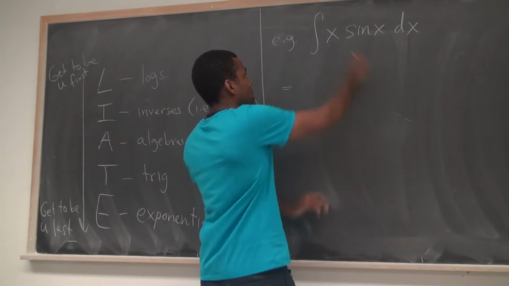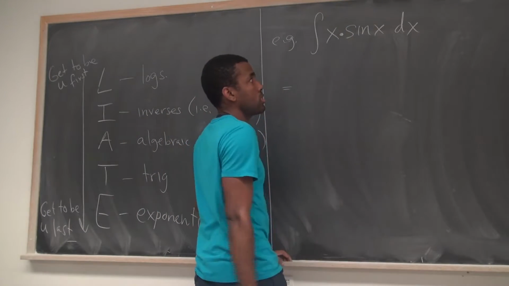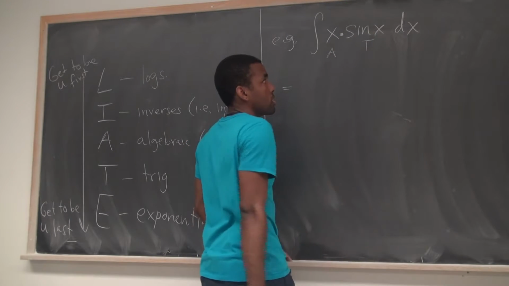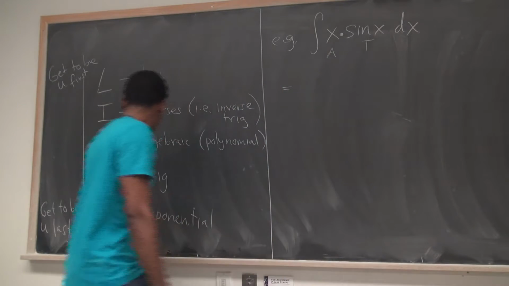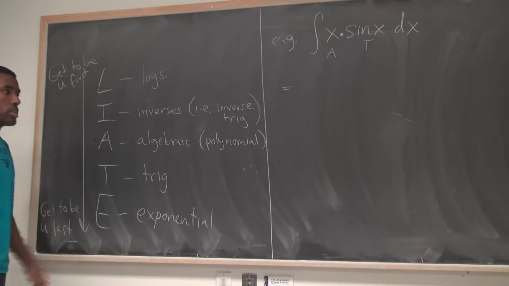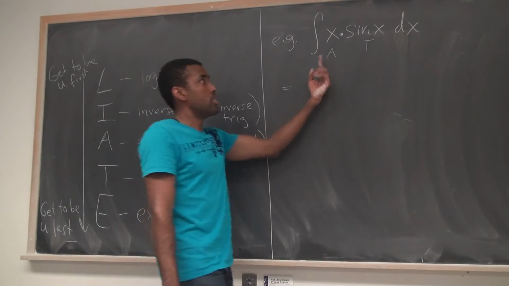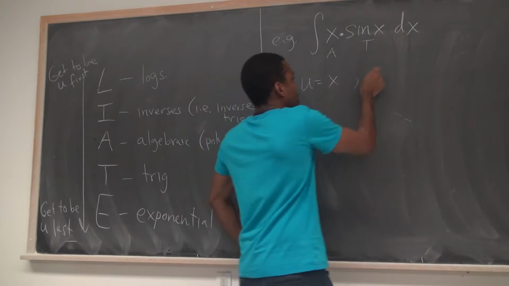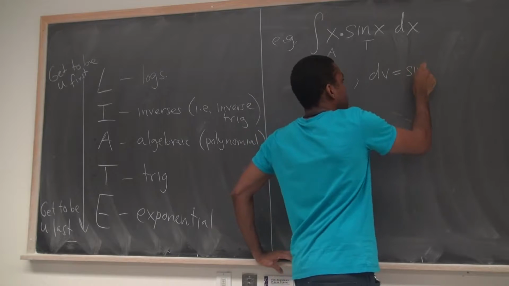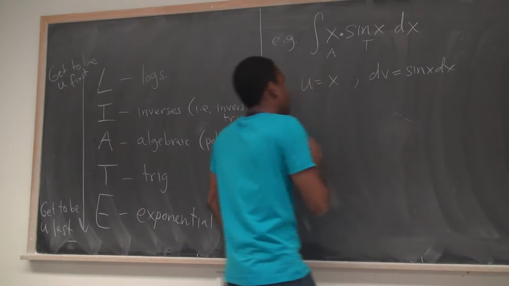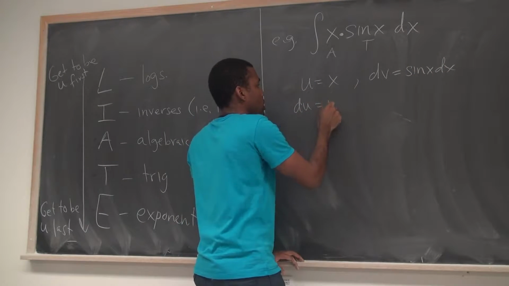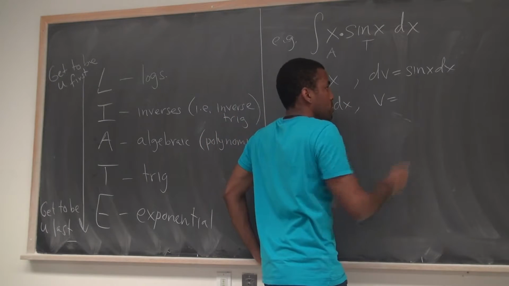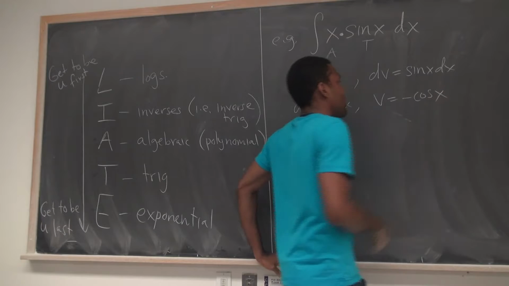x is your u, because this is a product of functions. This guy is an algebraic. This guy is a trig function. So I have an A and a T, and in LIATE, A comes before the T, therefore my A is the u. And so here I would say u is equal to x, dv would obviously be sine x dx, du would be 1 dx, v would be the integral of sine, which is minus cosine x.